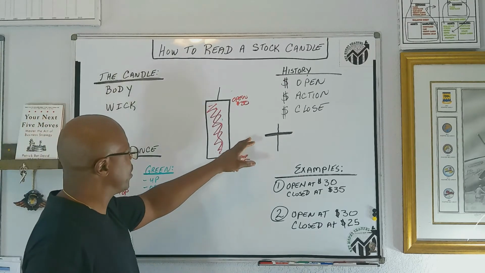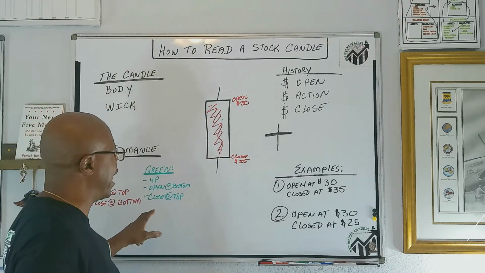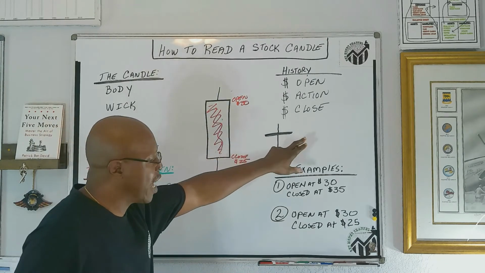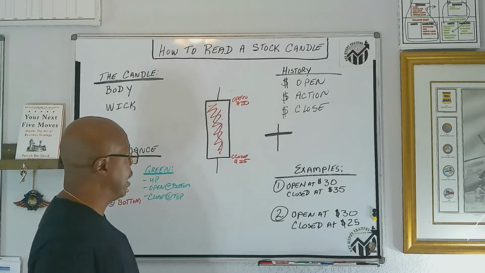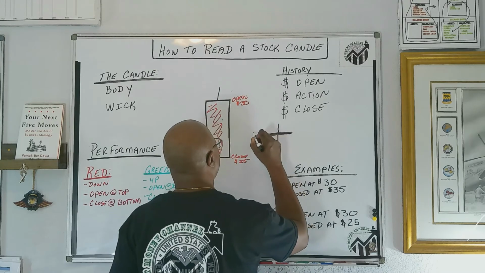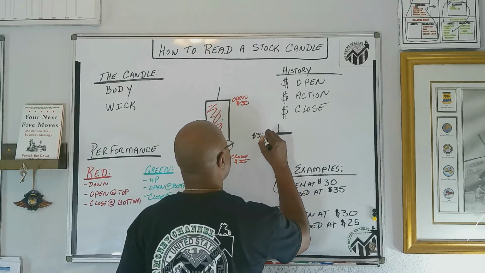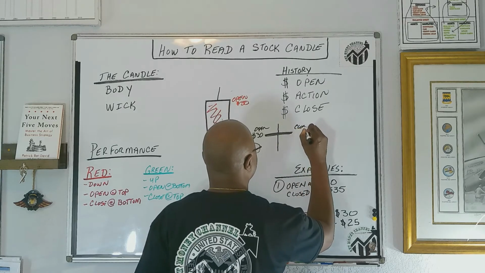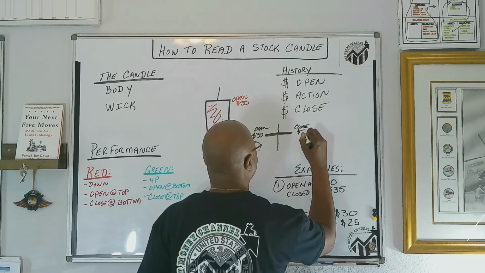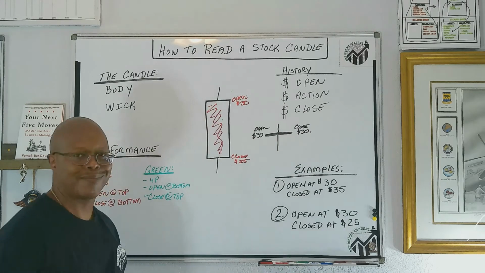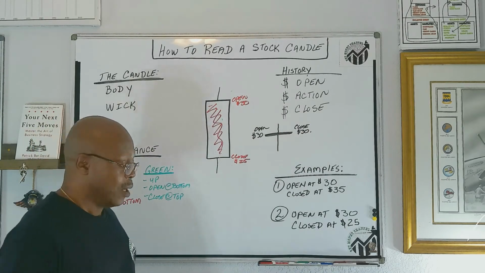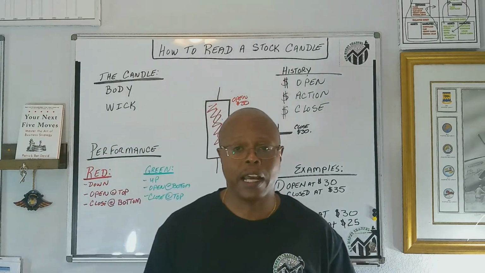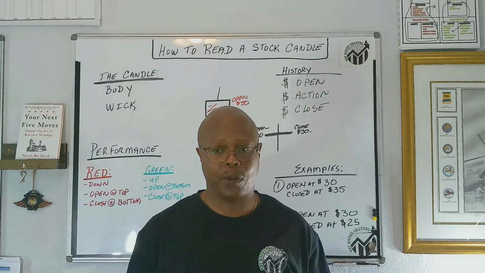All this is, if there is no green or no red, and it looks like just a line going through wicks, that basically means it opened at 30, and it closed at 30. That's it. All right, so hopefully you guys understand now how to read a stock candlestick.